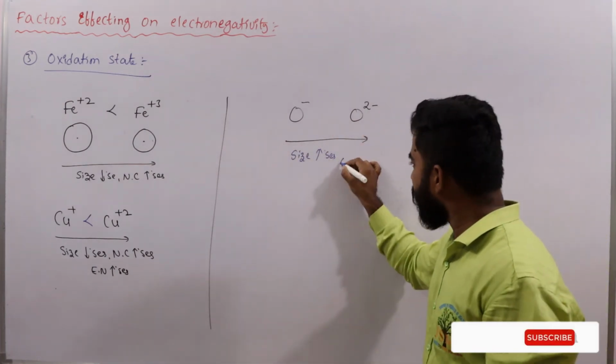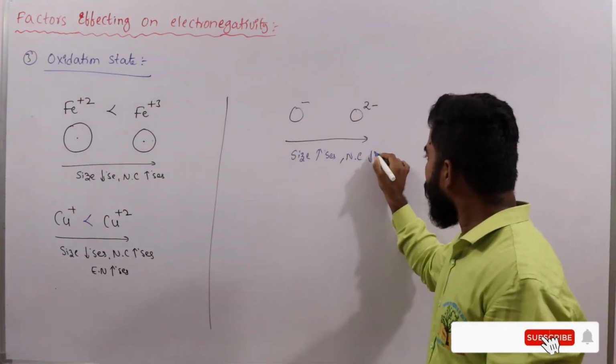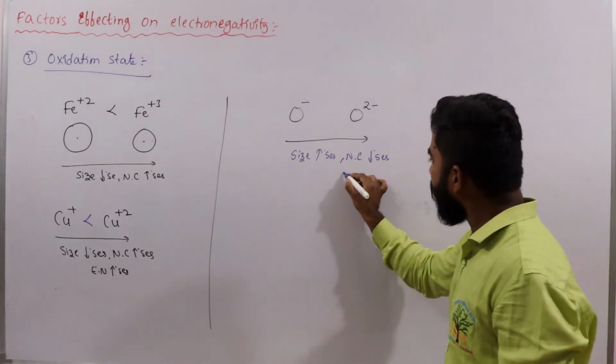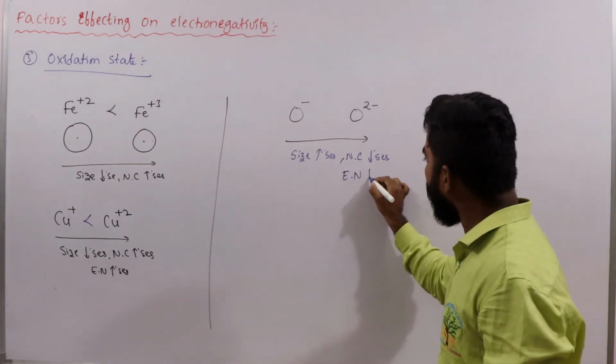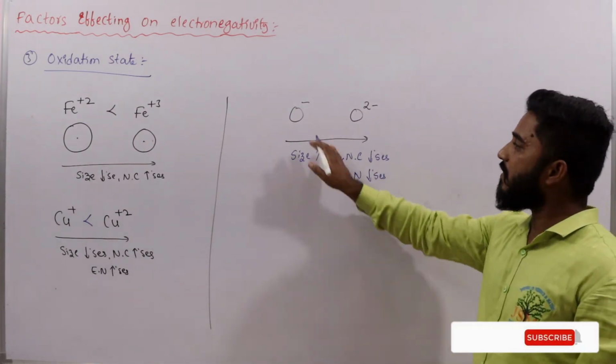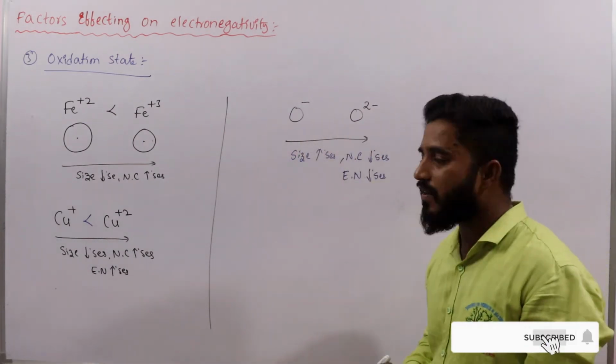When the size increases, nuclear charge decreases. When the nuclear charge decreases, electronegativity also decreases.